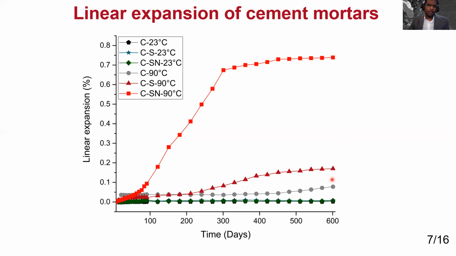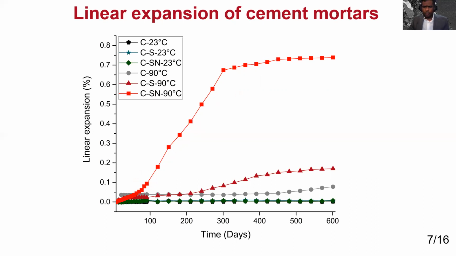And also for the 4% sulfate and 1% alkali mortar, we can see a very high expansion, and it also happened very quickly, within 100 days of induction period. We can see the mortar started expanding.